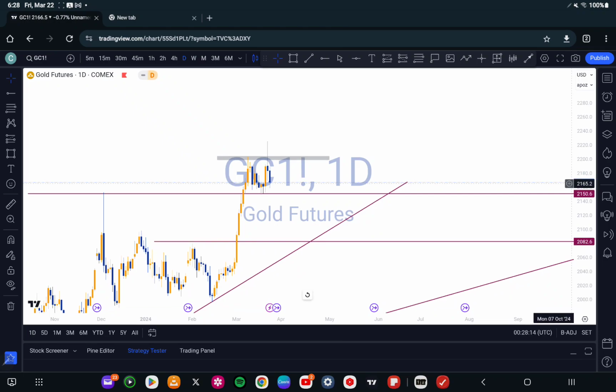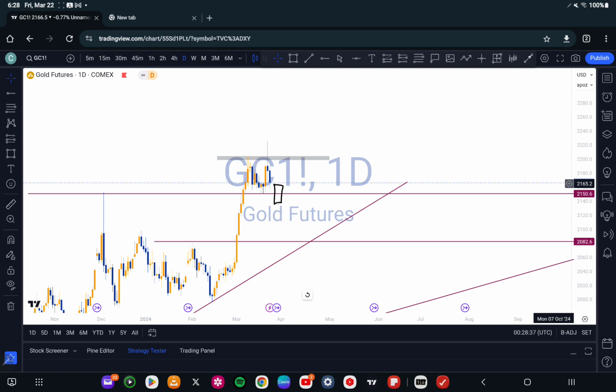But based on the strategy right here, for us to actually sell and to have a higher probability of it selling, it would be wise for us to be patient for the market to break out of this particular zone right here, because it's a significant zone, before we can safely sell.